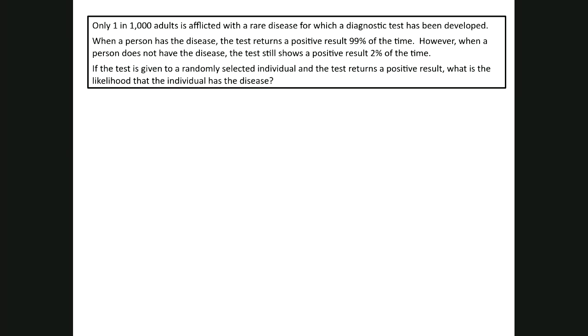We're going to let the letter D be the event that a person has the disease, and we're going to let ND be the event that a person does not have the disease.